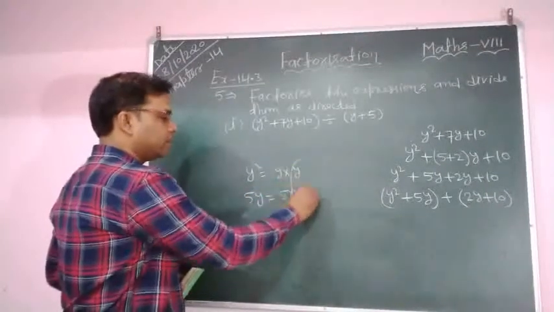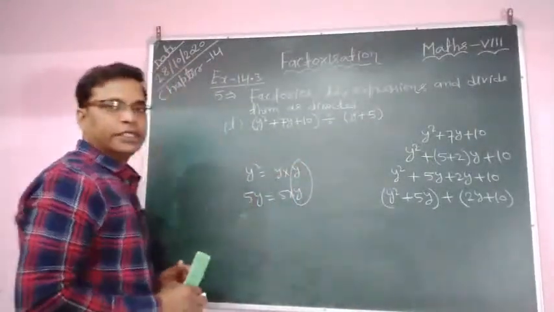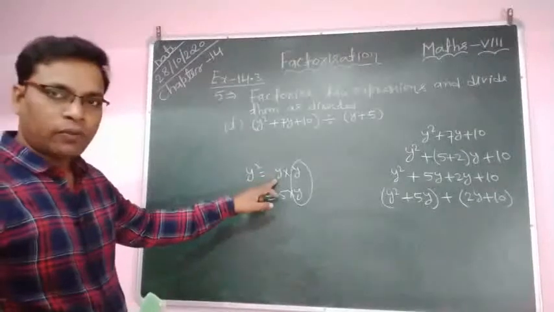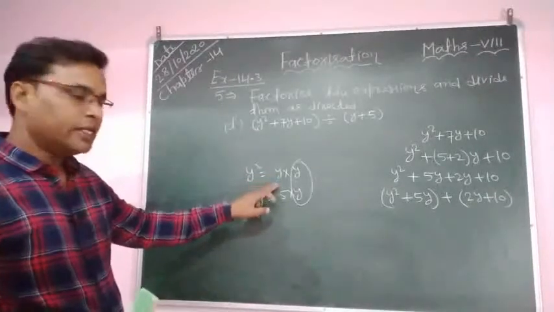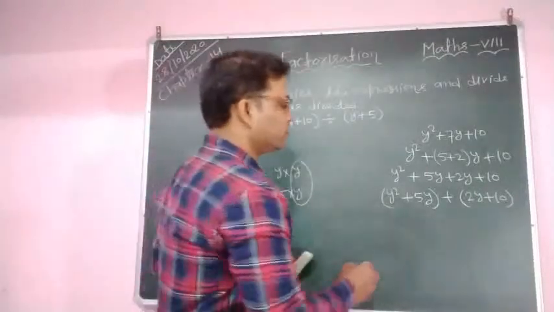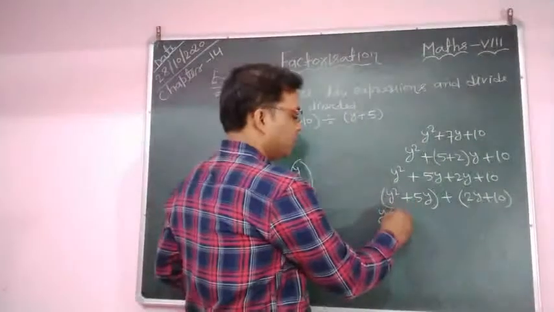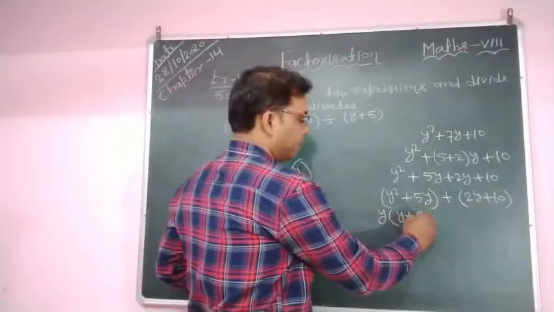So here what is common? Common is y. If you take y common, then in the first term you obtain y as a remainder, and in the second term you obtain 5 as a remainder. So you can write here y into y plus 5.